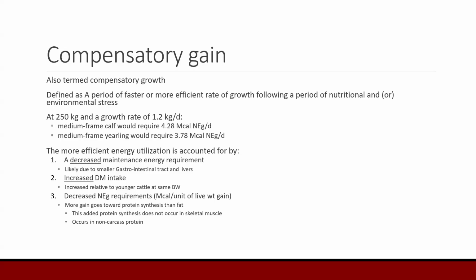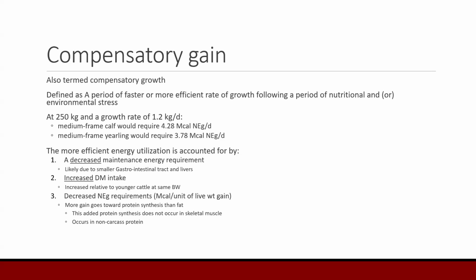So at 250 kilograms and a growth rate of 1.2 kilograms per day, a medium frame calf would require 4.28 megacalories of NEG per day, whereas a medium frame yearling would require 3.78 megacalories of NEG per day.